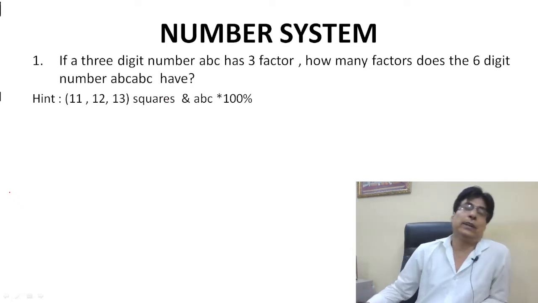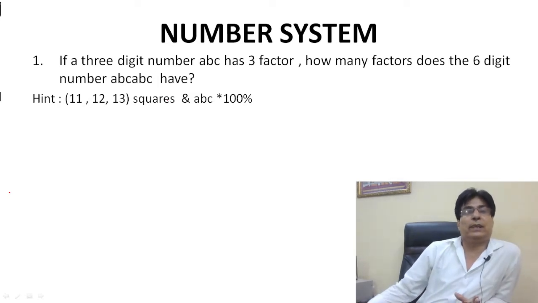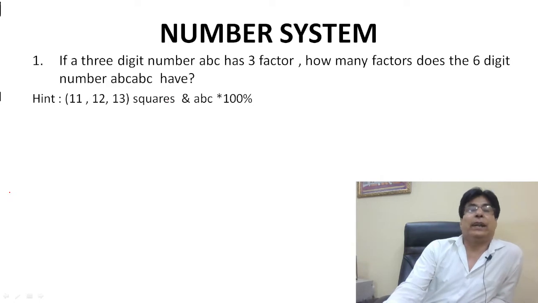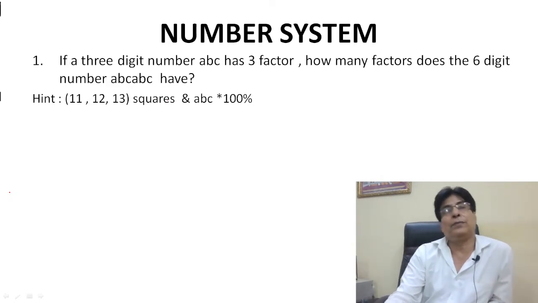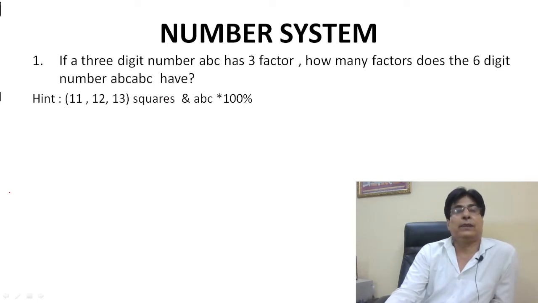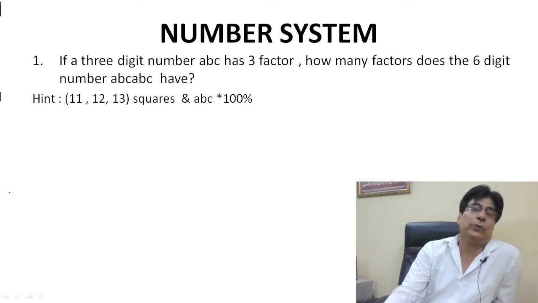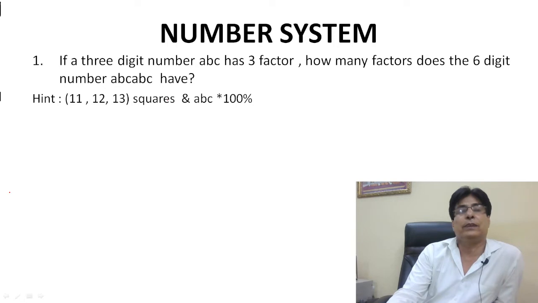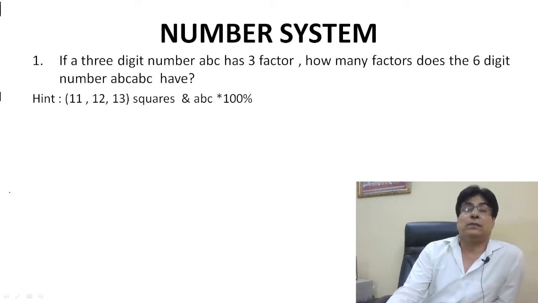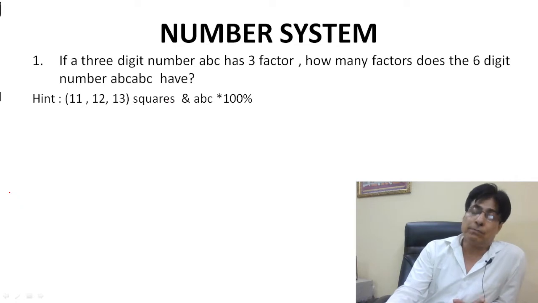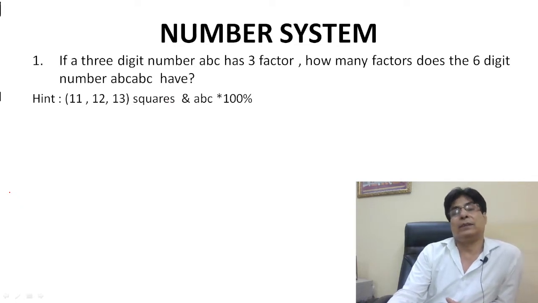As you know, on the basis of divisors, there are two kinds of numbers, prime and composite. Prime numbers have only two factors, 1 and itself. Therefore, questions are never asked on prime numbers to find the divisors.